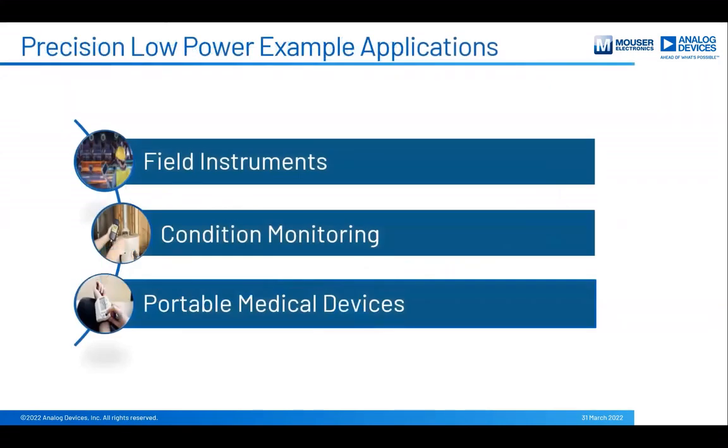For today's webinar, we will focus on 3 example applications where low power is a key design requirement: field instruments, condition monitoring, and portable medical devices. For each of these example applications, we will discuss an applicable signal chain solution that is optimized with low power and precision as key factors.